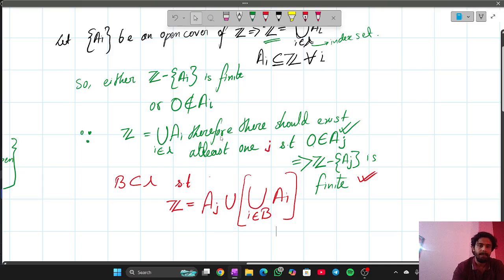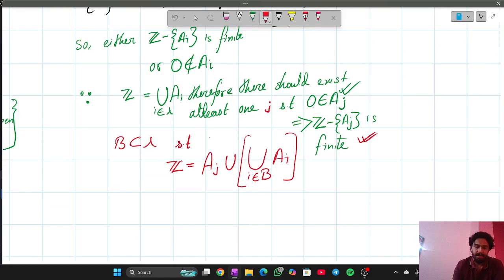So we are taking a finite set B, which is a subset of this index set lambda, such that Z is equal to the union of A_J for all those indexes that are present within B. Okay, all those indexes which are present inside B, taking that union.